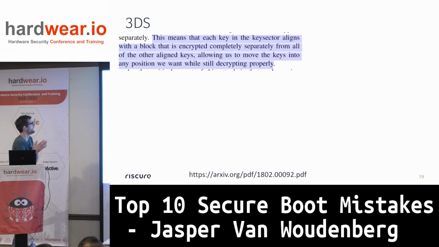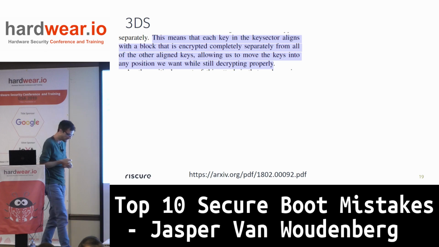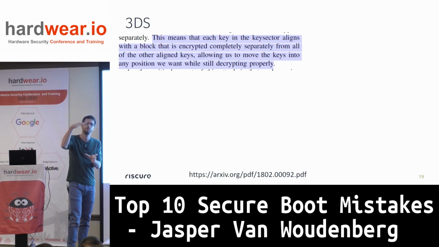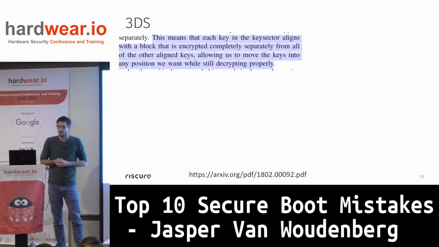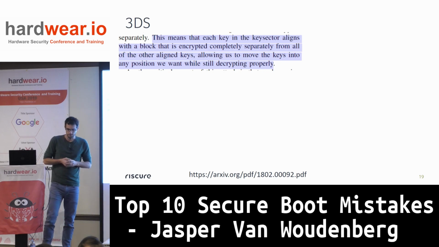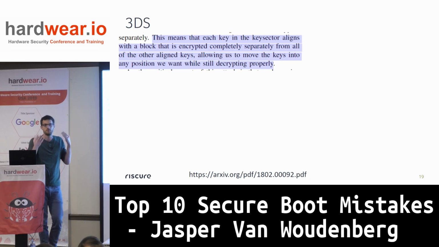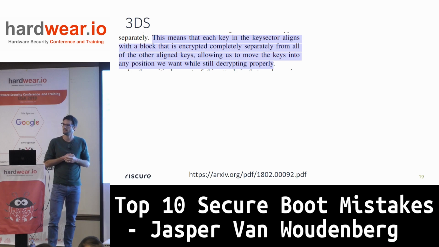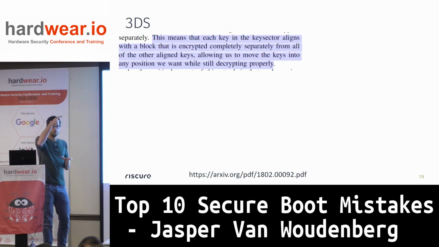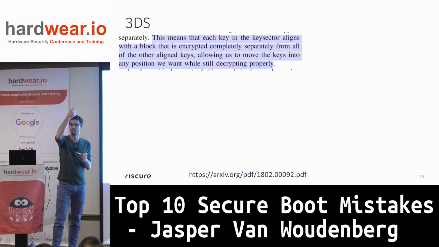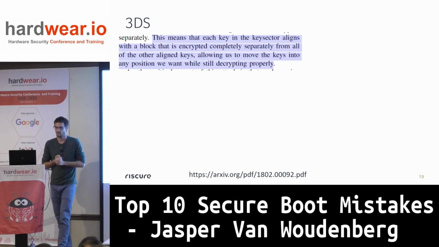This was also a cool attack. So this one, the 3DS, and what they had here is a table with a bunch of keys, and each of these keys were encrypted, so you couldn't read out the keys directly, but you could shuffle the keys. So you could arbitrarily move these keys around to different key slots.